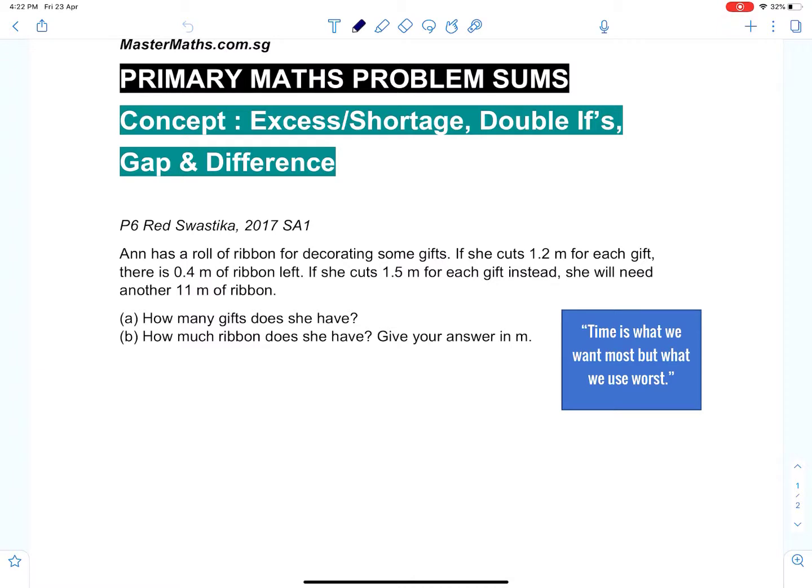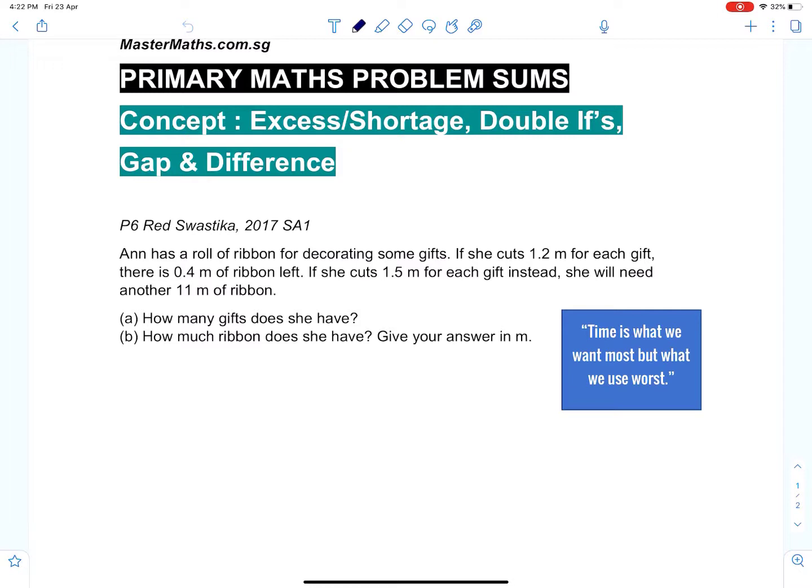But before that, I have a quote to share with you. Time is what we want most, but what we use worst. We value our time, but unfortunately, there are many amongst us who do not use our time wisely. When we have free time, what do we do? Some of us will immediately take out our phones and use IG, FB, TikTok.